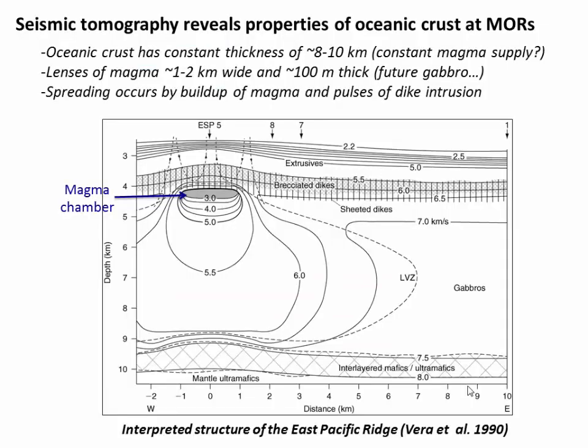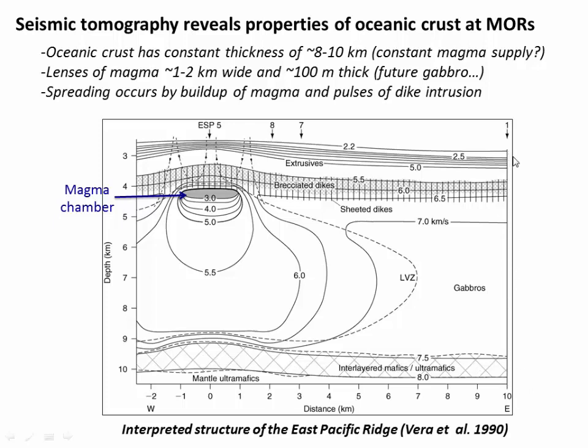So the observations we can make from an ophiolite are directly supported by seismic tomography, which we've also talked about in previous lectures. And what seismic tomography shows, for example, in this cross-section of seismic velocities across the East Pacific spreading ridge, is that, for one, oceanic crust has a roughly constant thickness of about 8 to 10 kilometers wherever you see it.